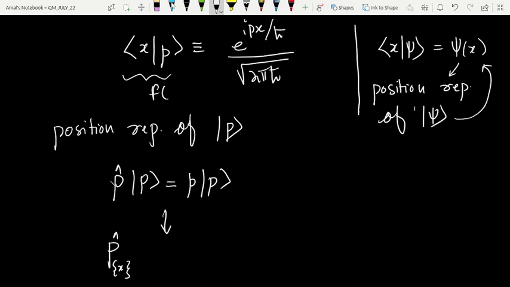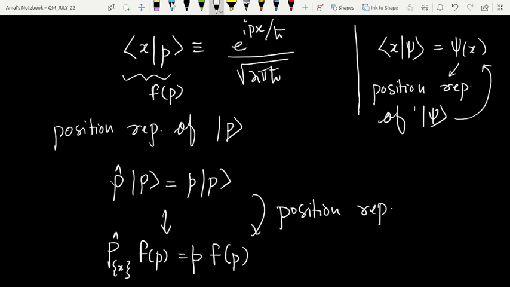I am just calling it as f of p. It's just a function. P is just a number, eigenvalue. So this is the position representation of this equation.